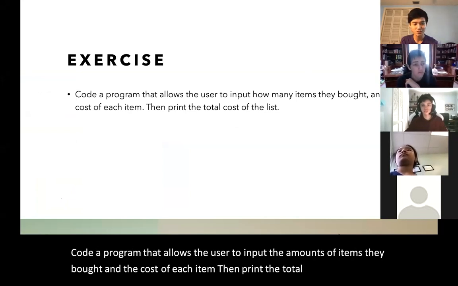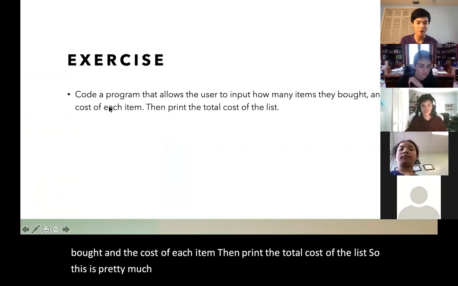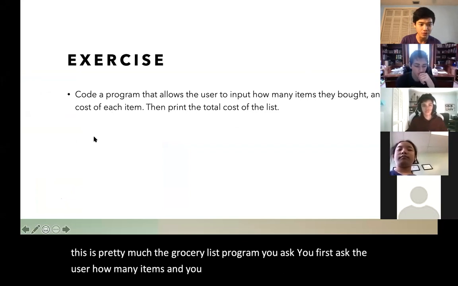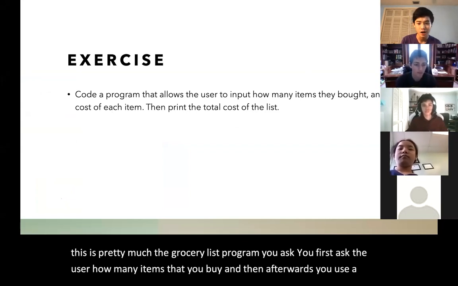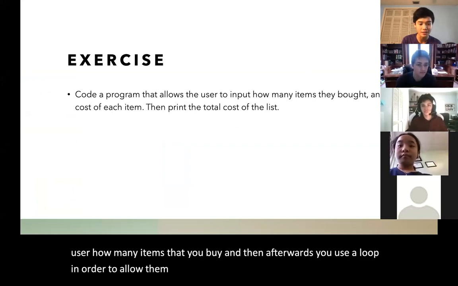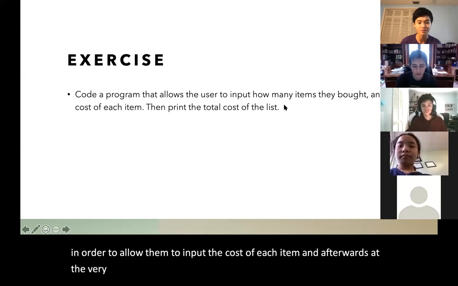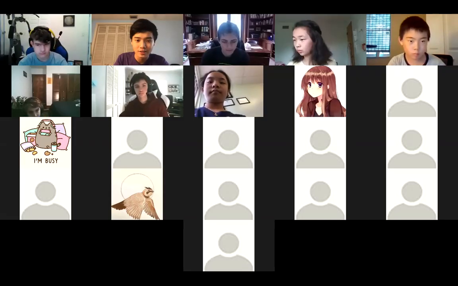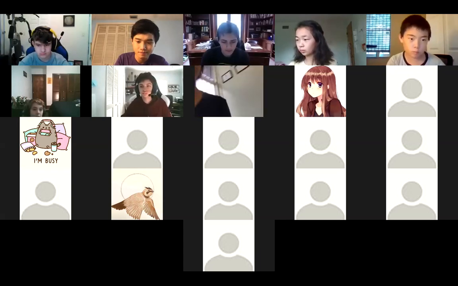So this is pretty much like a grocery list program. You first ask the user how many items they bought, then use a loop to allow them to input the cost of each item, and at the very end print the total cost of the list. I'll first start you guys off.